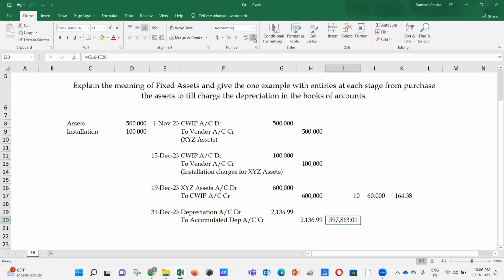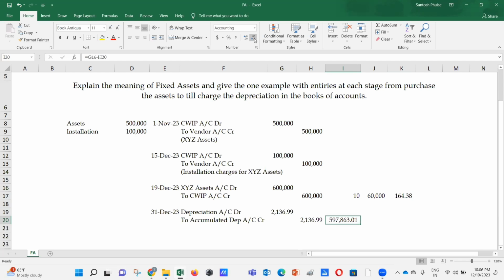But in the trial balance, you are going to see two ledgers. One is for your XYZ asset, that's a fixed asset, and one is accumulated depreciation in negative 2,136, and you have to club both of these towards, if XYZ is a group of machinery, then machinery.